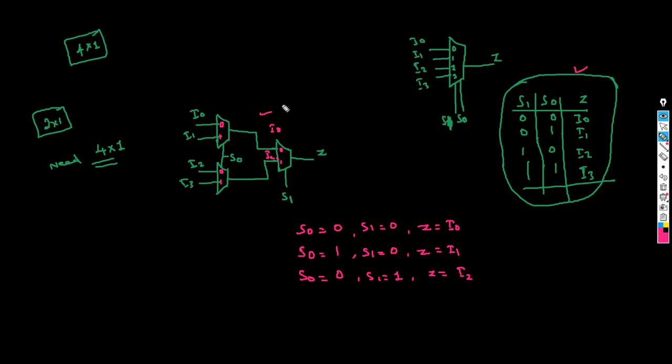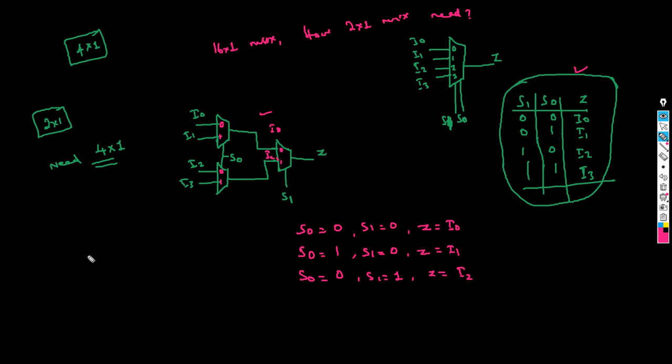Now, there are written tests where they would simply ask you to implement a 16 cross 1 mux. How many 2 cross 1 muxes do you need? I have only 2 cross 1 muxes. 15, sir. Okay, what is the thumb rule you are following here?